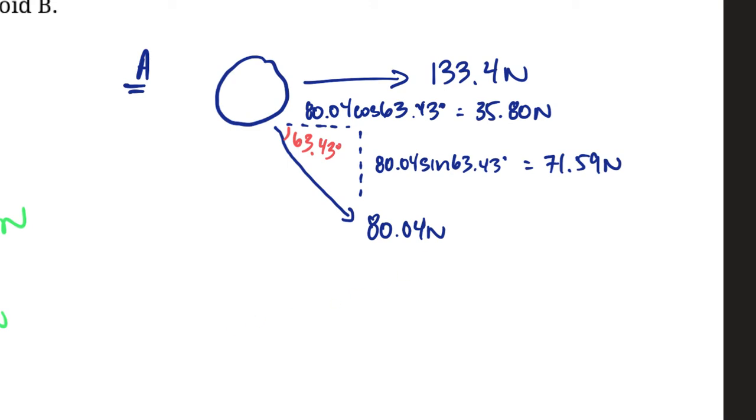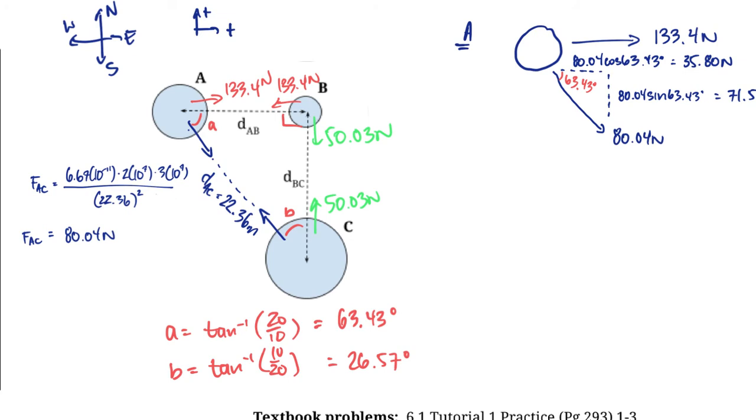So if you go back to your big diagram, we can use this to find out what the angles are, right? And I just use inverse tan, right, because the opposite is 20 and the adjacent is 10, to find out the angles in the triangle. So 63.43 is angle A, I called it, and 26.4757 is angle B. Actually, I should have called that angle C because it's at asteroid C, but it doesn't matter, you get the idea.